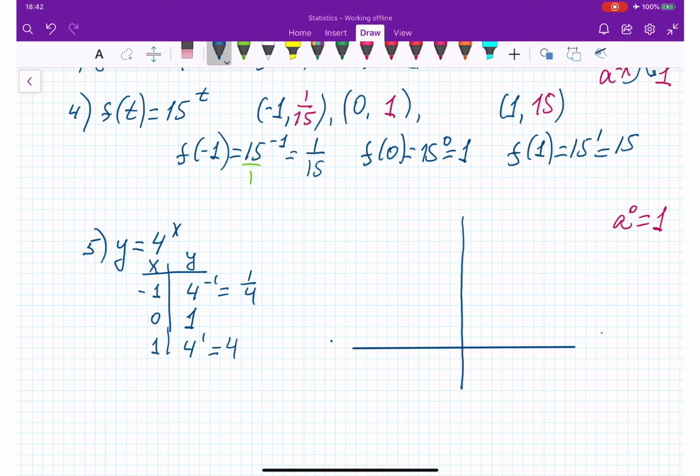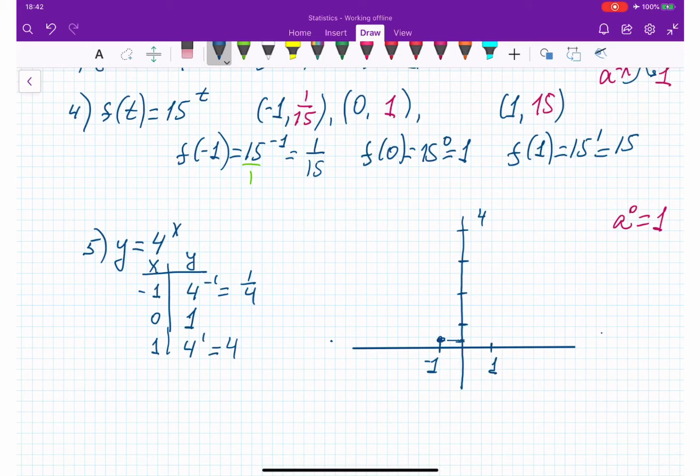So on x we have 1, 2, 3, 4. So this is -1. This is +1. Okay, so when we have -1, y is equal to 1/4, which is going to be half of right here.